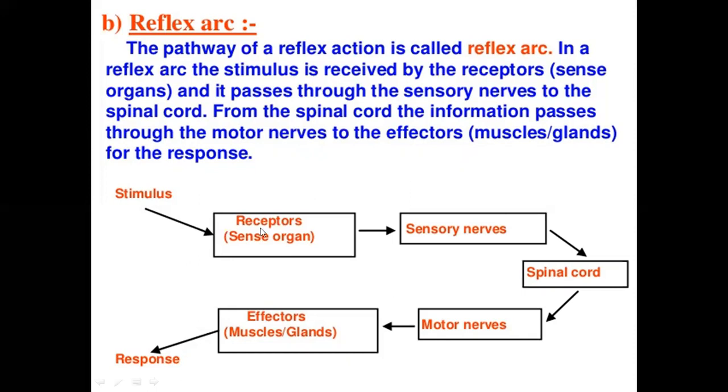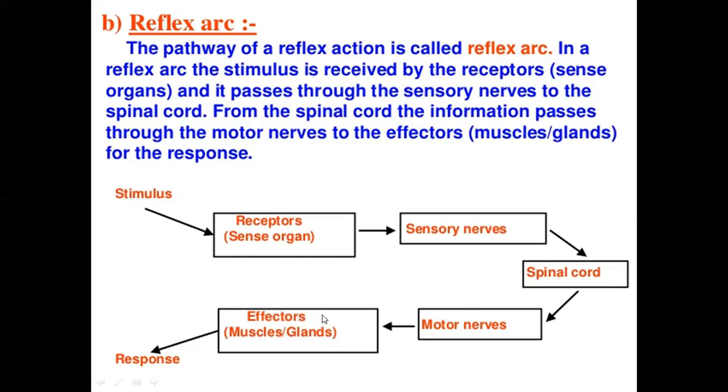Now what happens in the reflex arc when the stimulus is received by the receptors? It is carried through sensory nerves to the spinal cord. And from the spinal cord, the information passes through the motor nerves, and the motor nerves send it to the effectors.